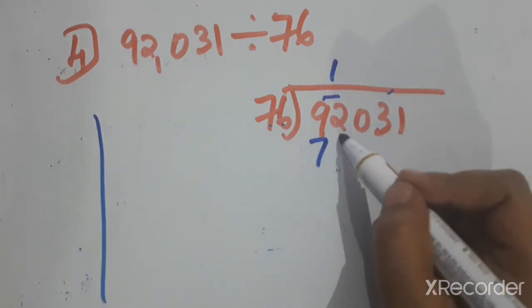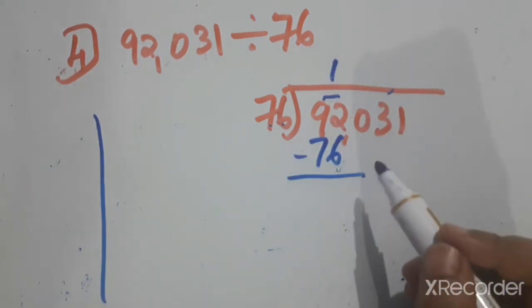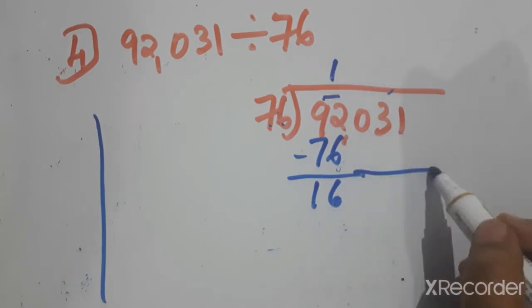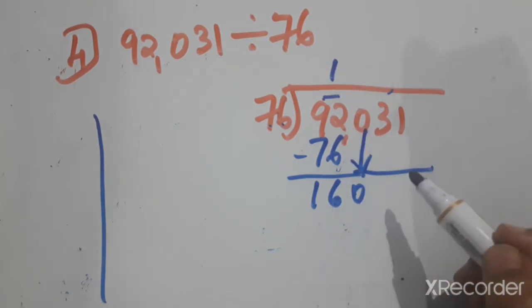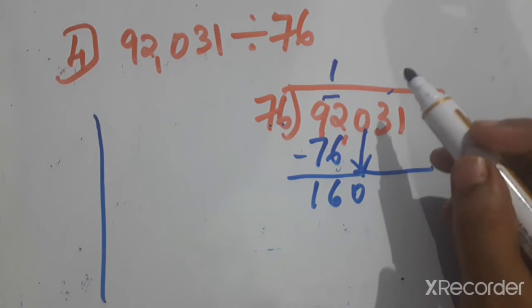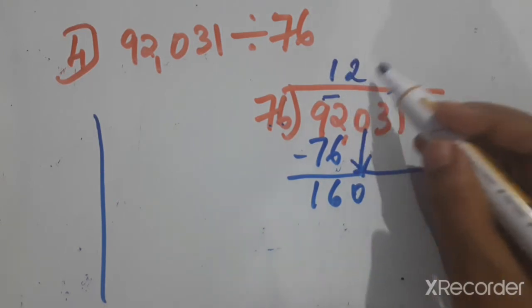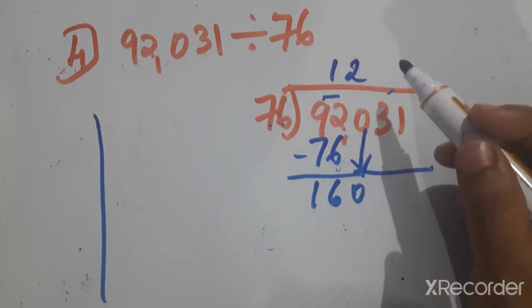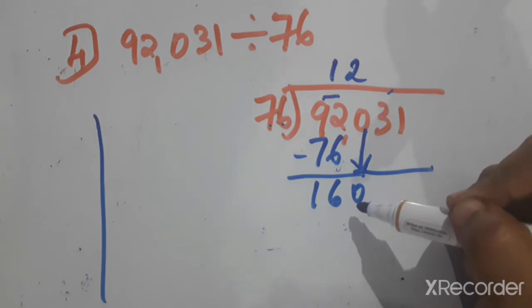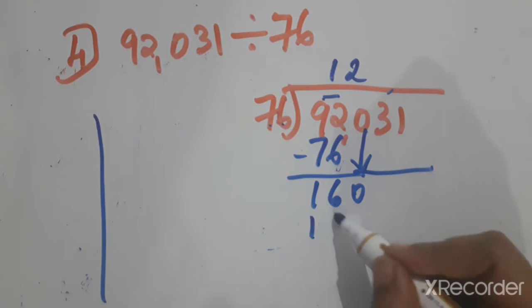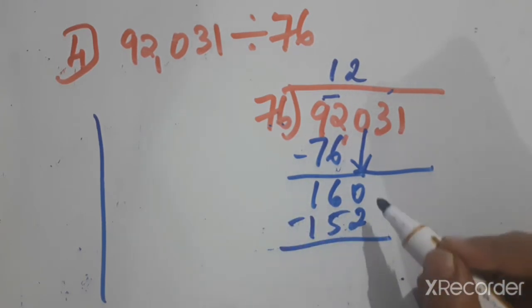So 76 ones are 76, minus means 16 is the subtracted value and 0 comes down, 160. 76 twos are 152, that is the nearer. 76 threes is greater than 160. So 76 twos are 152, that is the nearer one.